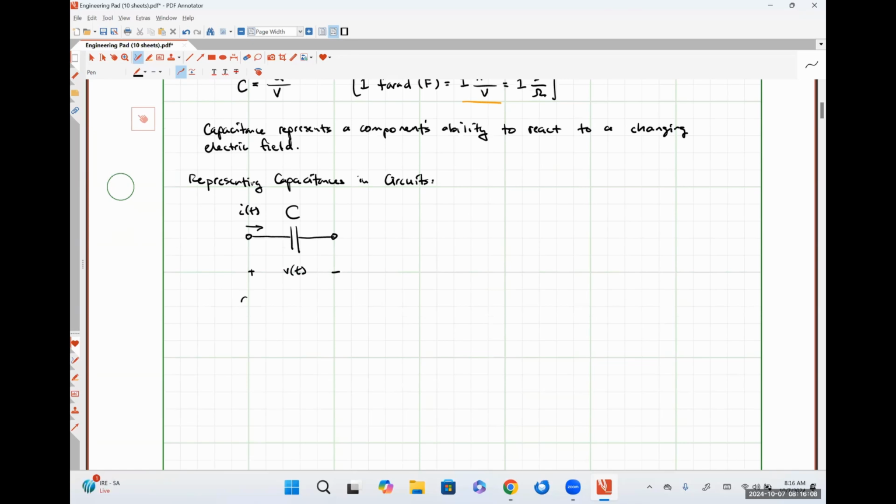So this is our general capacitor. And then the second one that you might see or may have already seen at some point is this guy, where we have one line and then a curved line like so. So here's C, here's V of T, and here's I of T. Okay. So this is what's called an electrolytic capacitor.